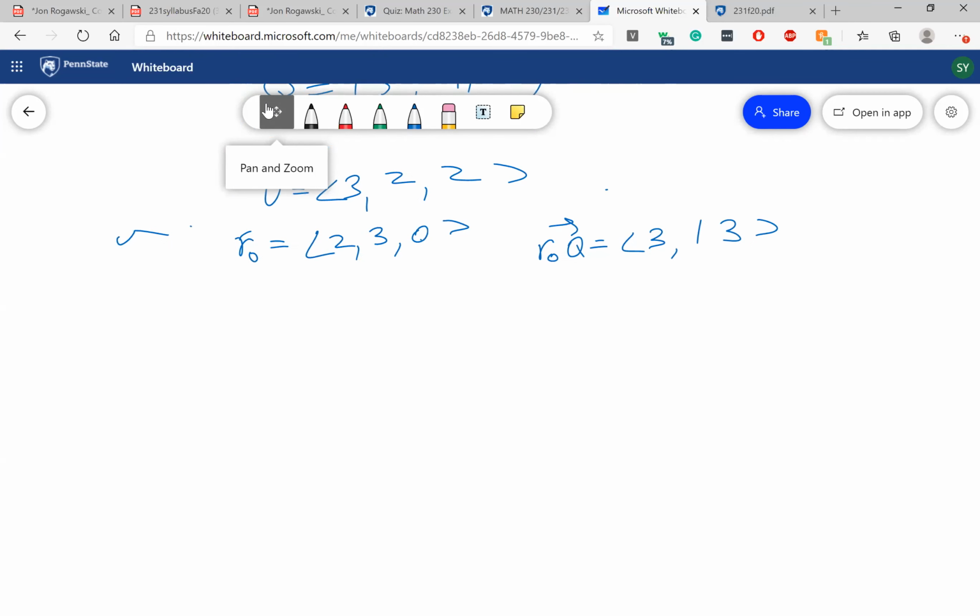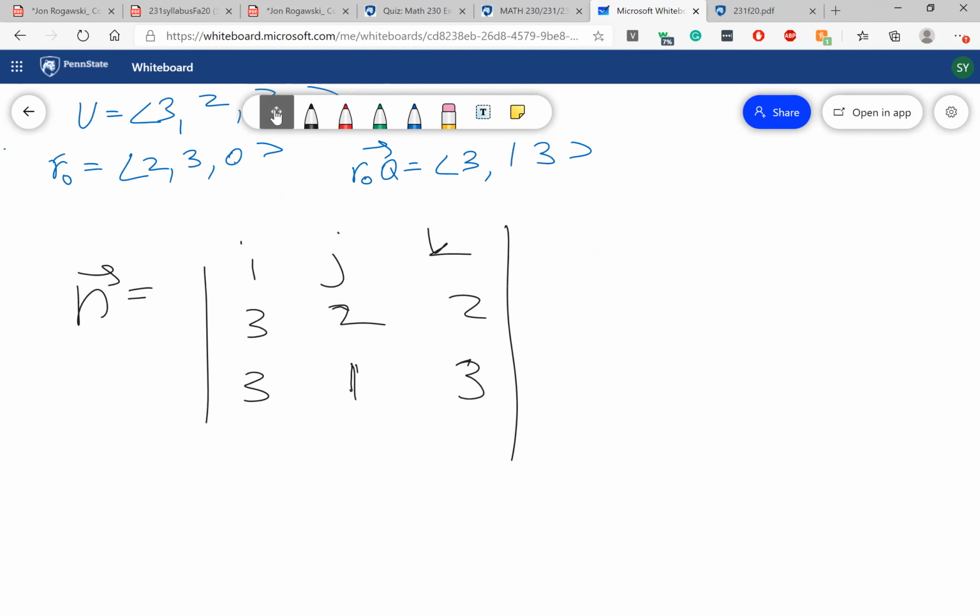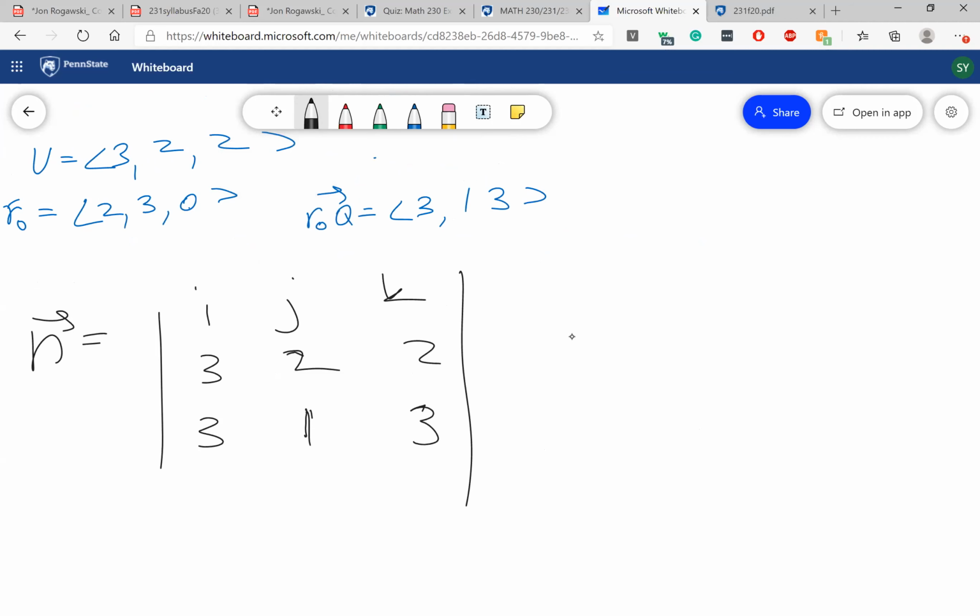Now the normal vector is going to be the determinant with i, j, k, then 3, 2, 2, and 3, 1, 3. So this is equal to i times 6 minus 2 is 4, minus j times 9 minus 6 is 3, plus k times 3 minus 6 is negative 3.